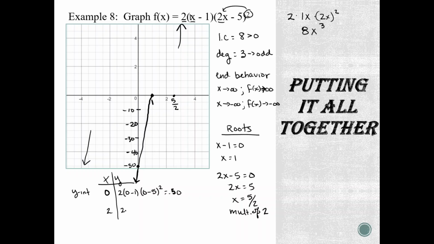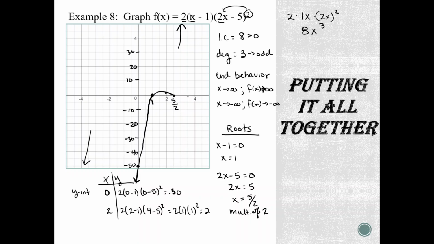So I'll have 2 times 2 minus 1 and then 4 minus 5 squared. So that'll get me 2 times 1 squared, which is 2. So if I make this 10 and 20 and 30, it's just going to be right here above the grid. Okay, so I'm going to be coming like this.